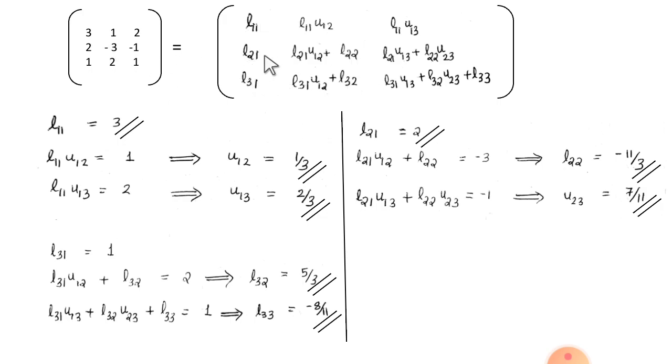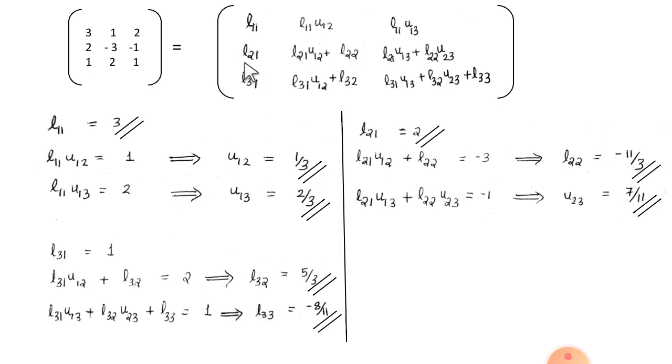So we know L11 is in the position of 3, so we can write L11 equal to 3. Similarly, L11 U12 is in the position of 1, so equate that with 1, and then you will get the value of U12. Similarly, equate L11 U13 with 2, then you will get the value of U13 as 2 by 3. So thus you have to what?